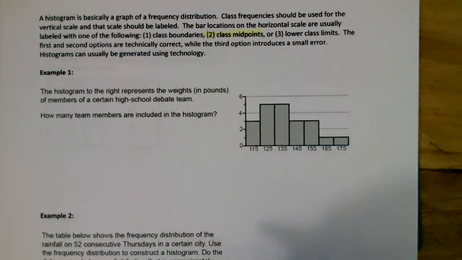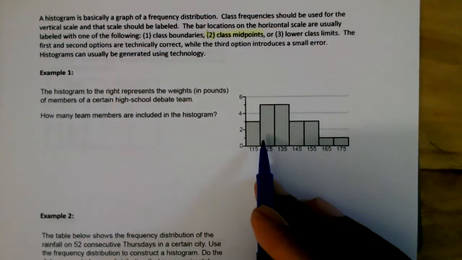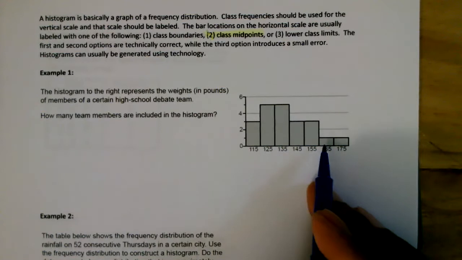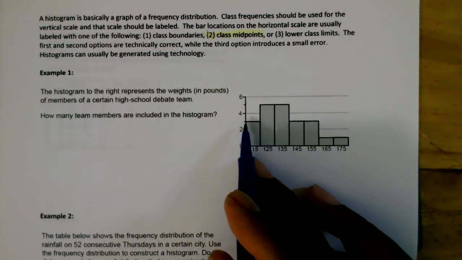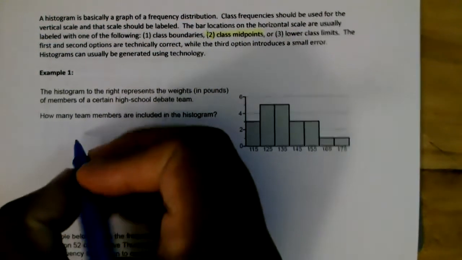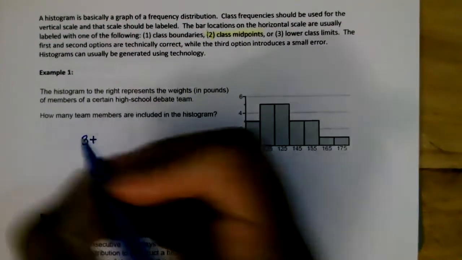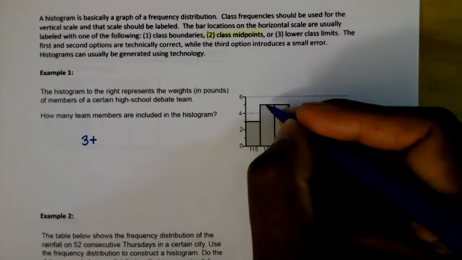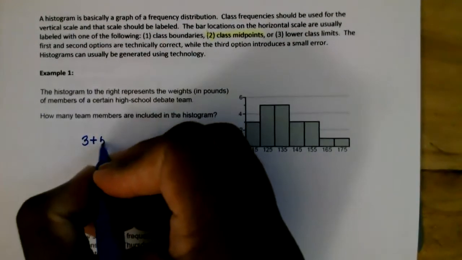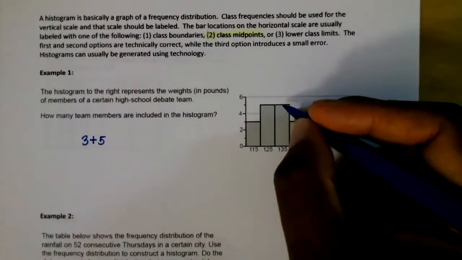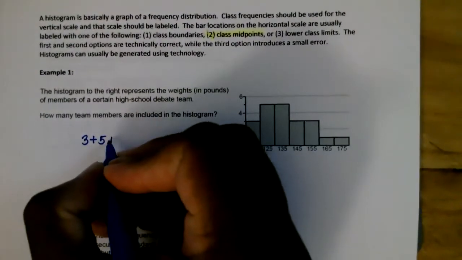So we need to look at where the height of each individual bar is. Like for this first one, the height is 3. So that means that there are 3 here. And then the height of this bar is 5. The height of the next bar is also 5.